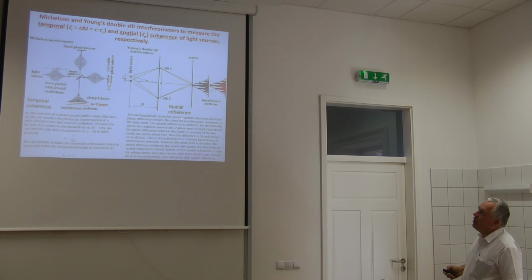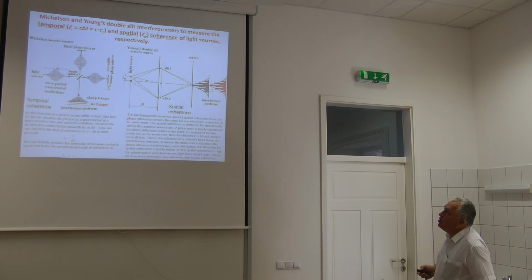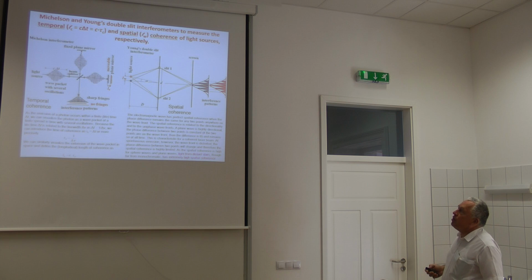Now the spatial coherence. A classical demonstration, of course, with modern physics, another demonstration can already be shown, but the classical one is the so-called Young's double-slit interferometer. We have two pinholes here separated by distance d. We have here a light source.